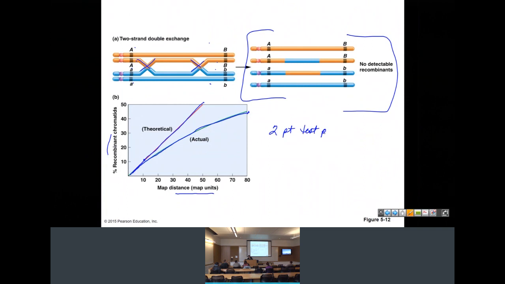A 2-point test cross is less accurate than a 3-point test cross. And that's because the distance between the 2 genes may be so large that there are multiple crossovers.